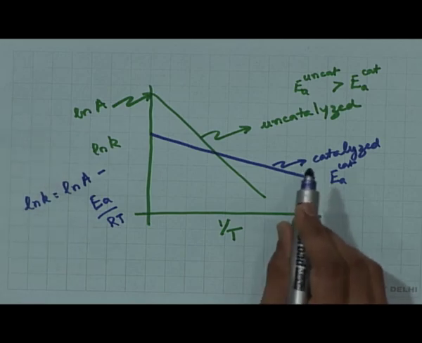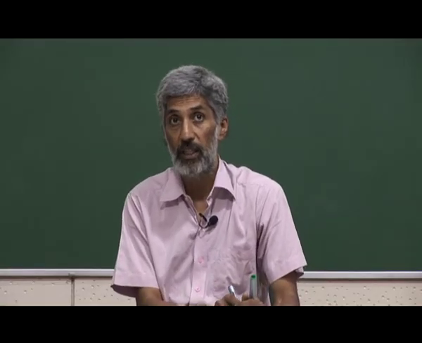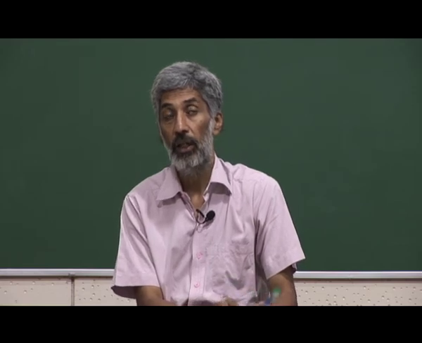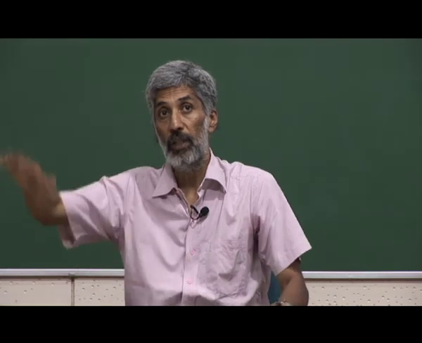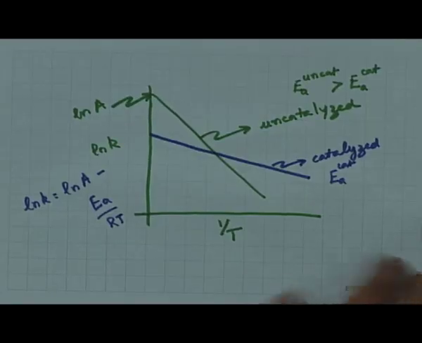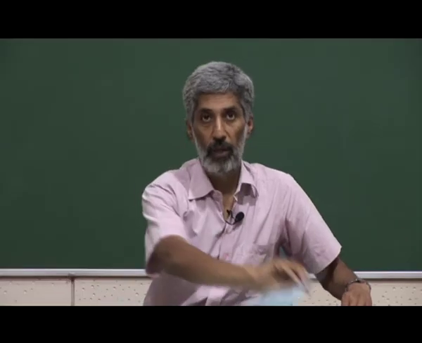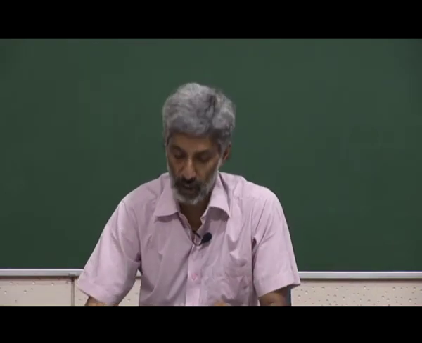So, if you have to have the catalyzed reaction actually work faster than the uncatalyzed reaction, you have to compensate for the decrease in the number of collisions by seeing a larger decrease in the EA. And I am giving you some examples of what kind of EAs we are seeing here.